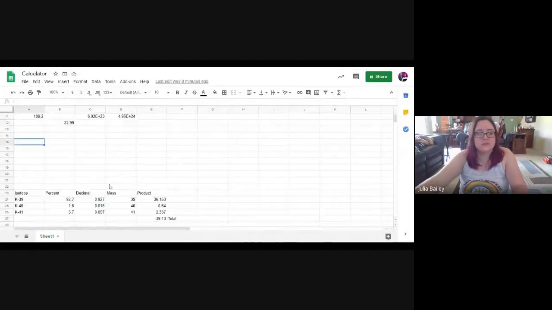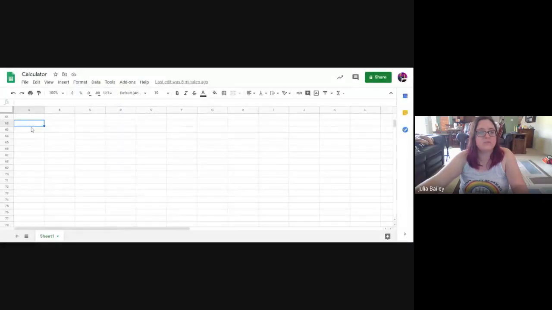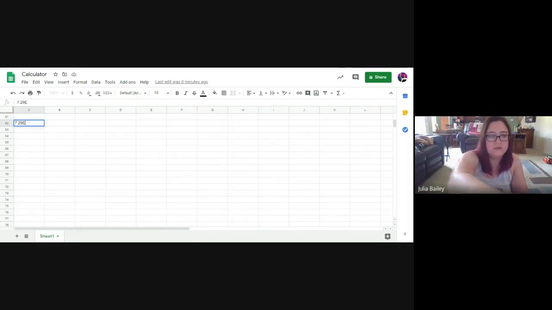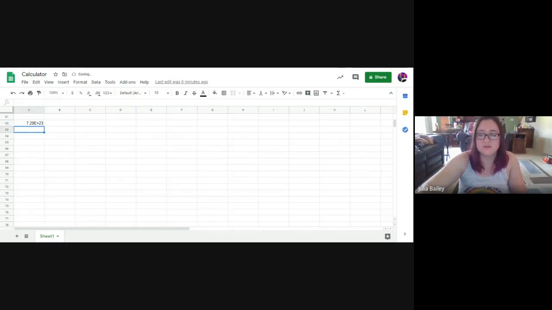So we want 7.29 times 10 to the 23rd. That's over 1. You don't really have to type it over 1 if you don't want to. Then the next fraction is 1 over 6.02 E23. And the next fraction is 40.08 over 1.